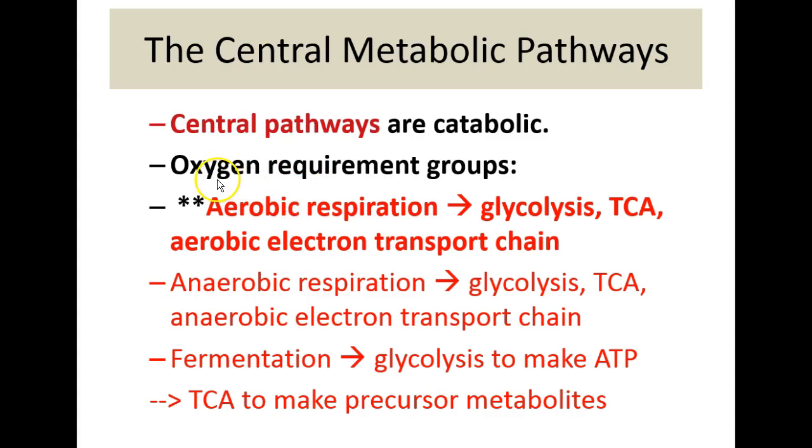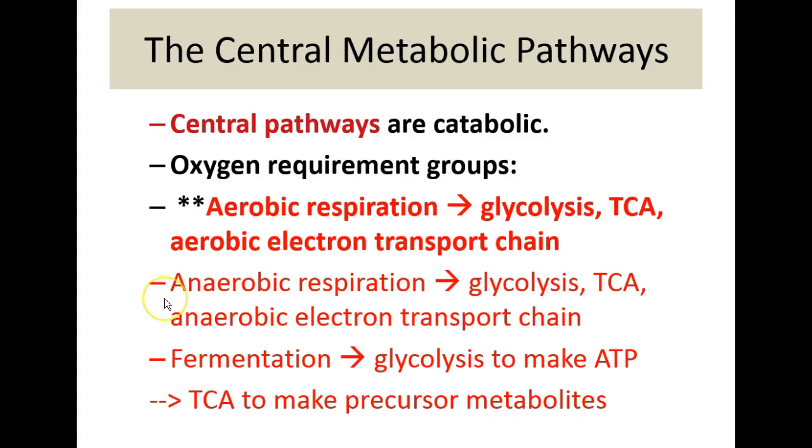Remember, among the chemoheterotrophs, we have 4 oxygen requirement groups. Those who need oxygen and will undergo aerobic respiration will have glycolysis, the Krebs cycle, and an aerobic electron transport chain to provide precursor metabolites, sources of hydrogen, and some ATP.